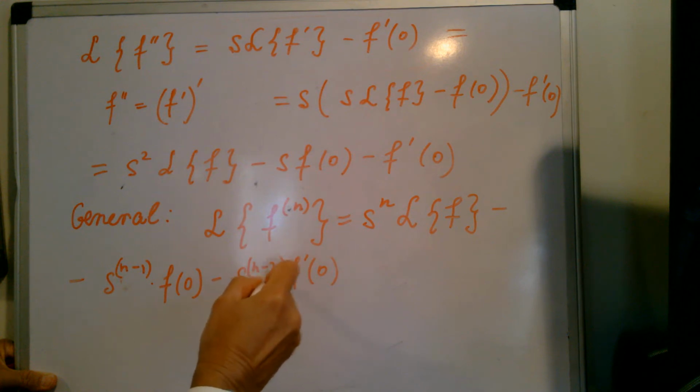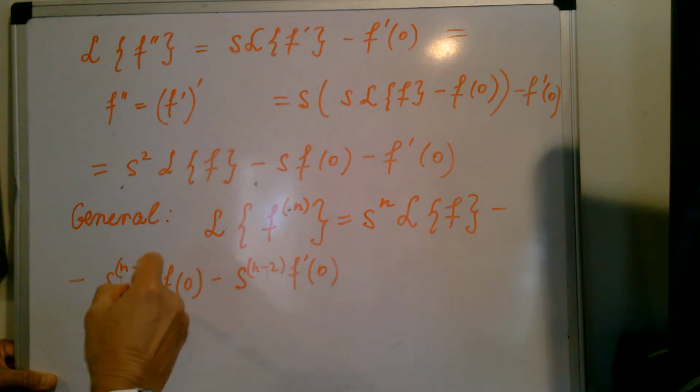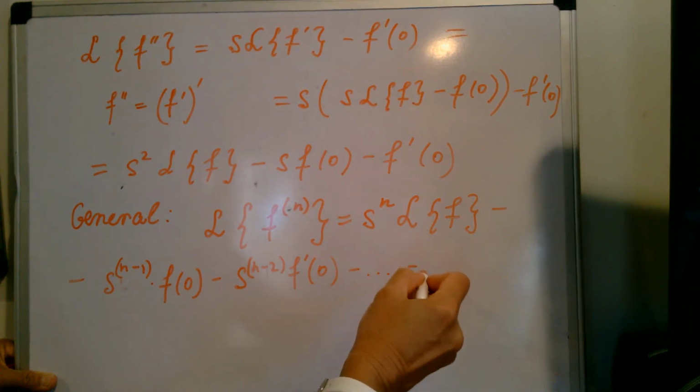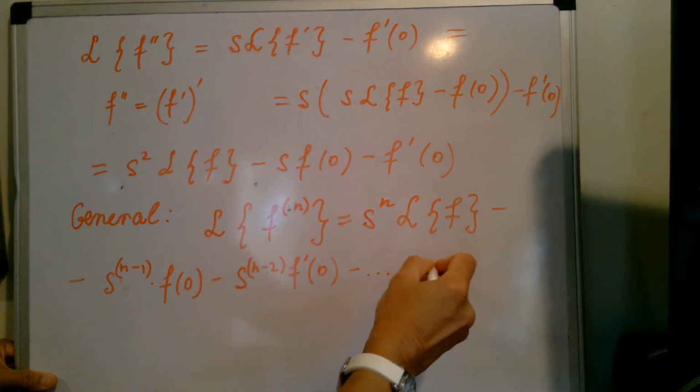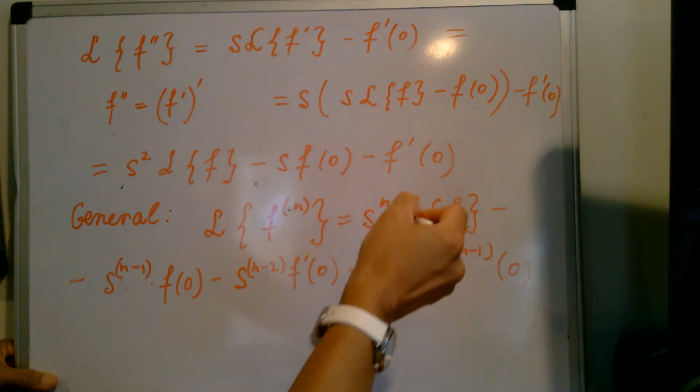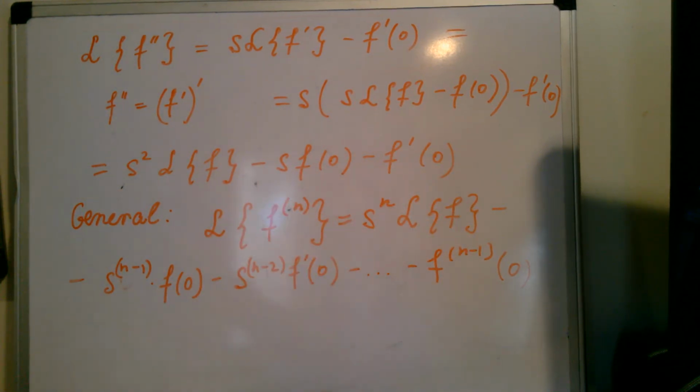So the power of s is going down, the order of the derivative goes up, minus, minus, and finally it's supposed to be the n minus 1 derivative at 0, like the last one, right? Okay, not very difficult to find any derivative using this formula.